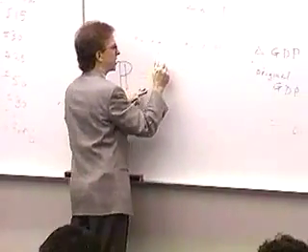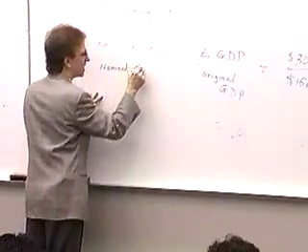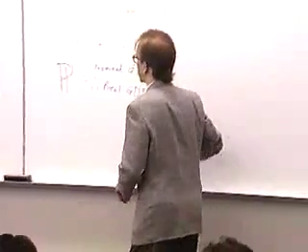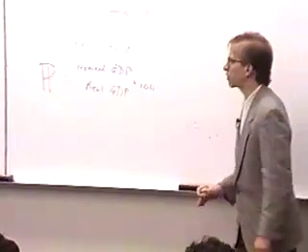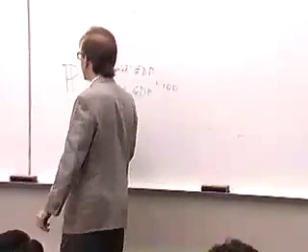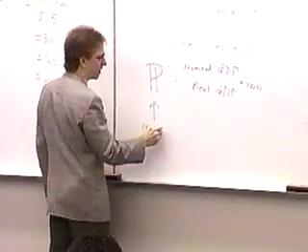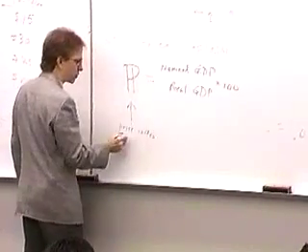Equals nominal GDP over real GDP times 100. This GDP price deflator, you can think of this as the price index for GDP.